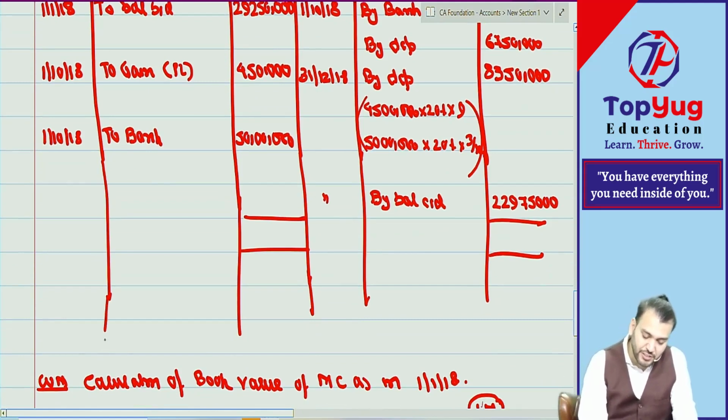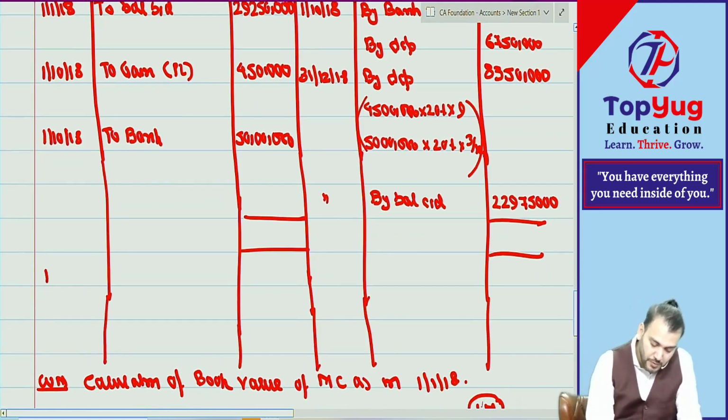Now we'll go to the next year. On 1/1/2019, to balance brought down 2 crore 29 lakh 75,000.